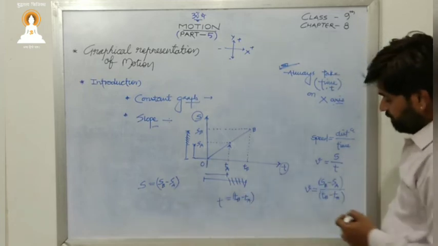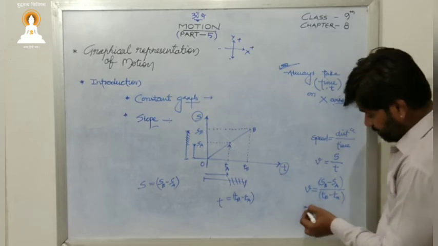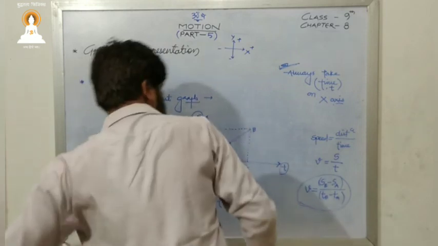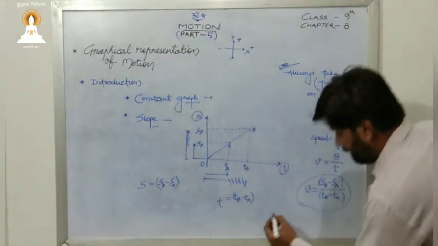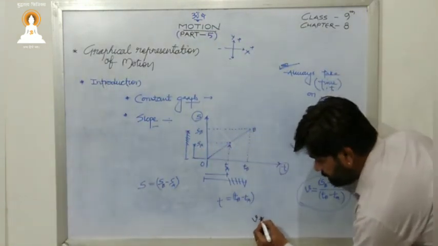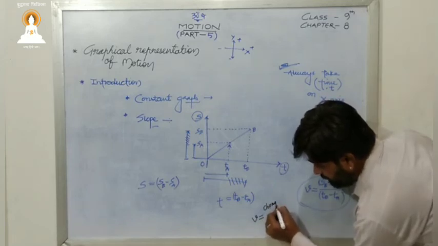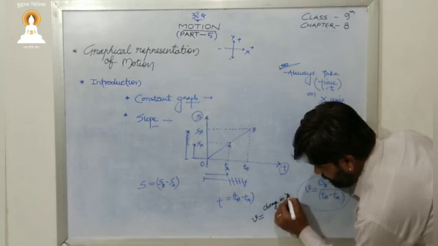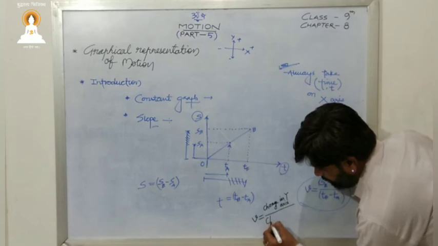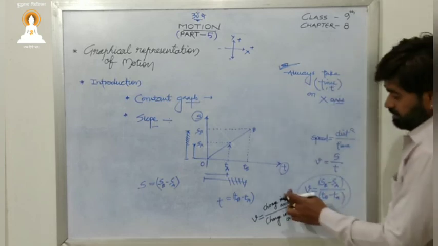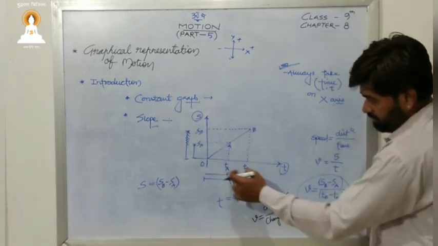Now see, and I am going to write with different ink, just to match these two. Speed is equal to, in this particular case, change in y-axis upon change in x-axis.